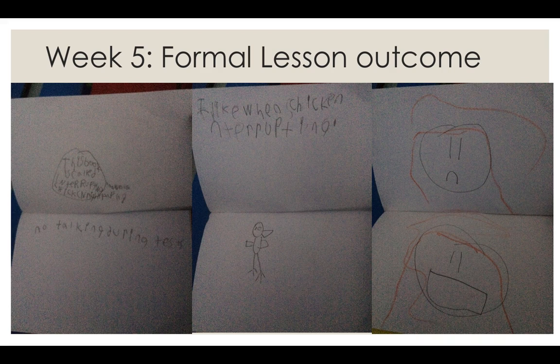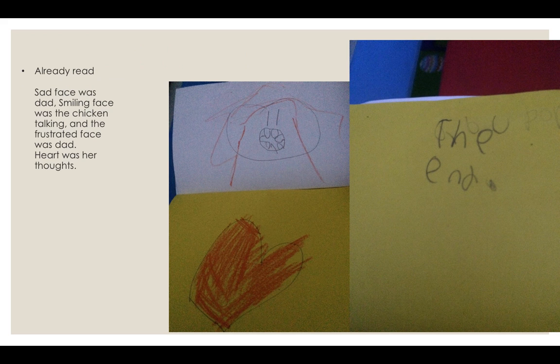So the first one was kind of the Papa at first, of how he felt, as she explained to me when I asked her about her faces. And then the bottom one with the smiley face was the interrupting chicken, just being so excited about hearing a story. And the angry face, kind of frustrated face, was the face that was made whenever the little chicken would interrupt.